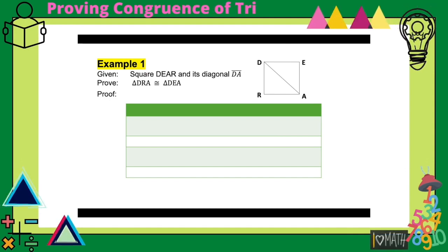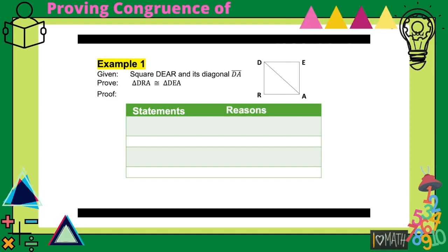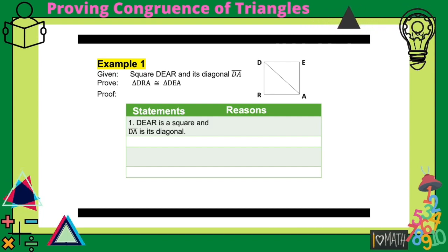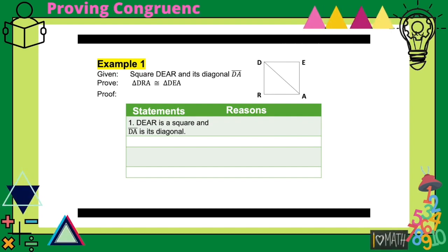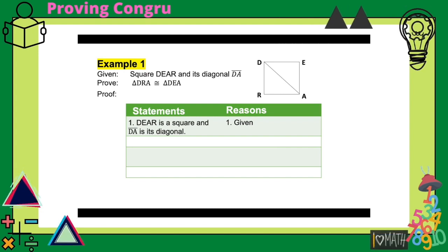In the first column, we have the statements. In the second column, we have the reasons. Statement 1, we have DEAR is a square and segment DA is its diagonal. And the reason is given. What do you think will be the next statement?